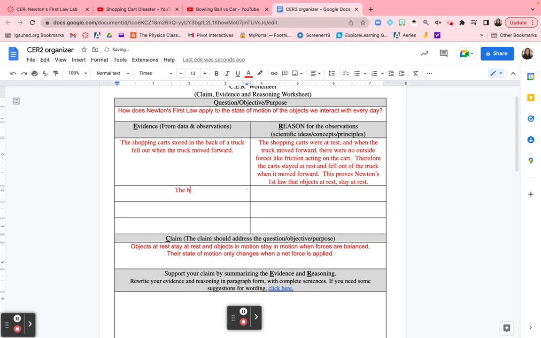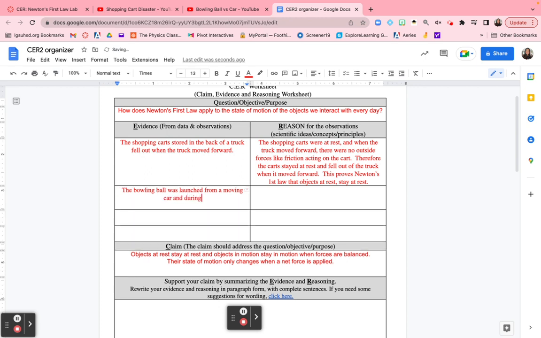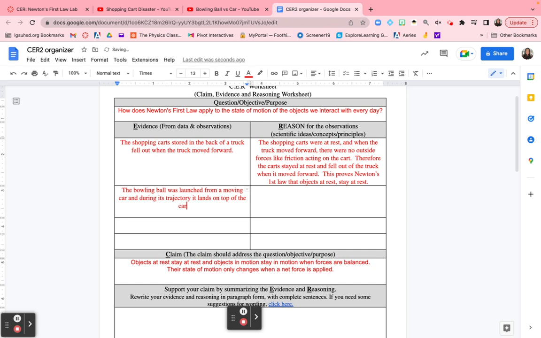We saw the bowling ball. The bowling ball was launched from a moving car, and during its trajectory, that's the path of its flight, it lands on top of the car.